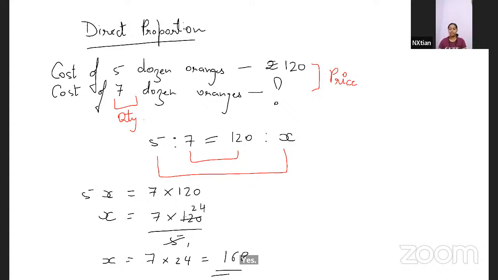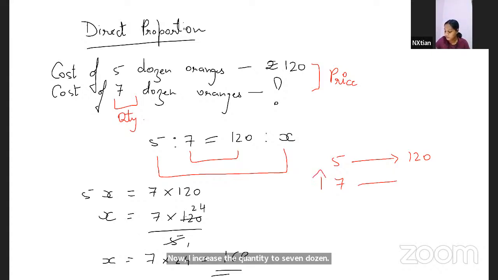Yeah, it's okay. Now, see, what is the impact here? Quantity was 5, price was 120. Now, I increased the quantity to 7 dozen, price also increased to rupees 168.